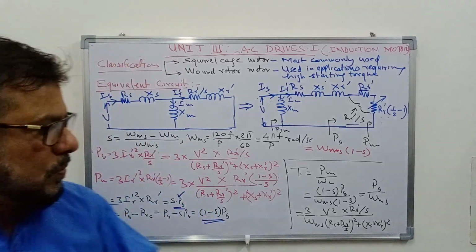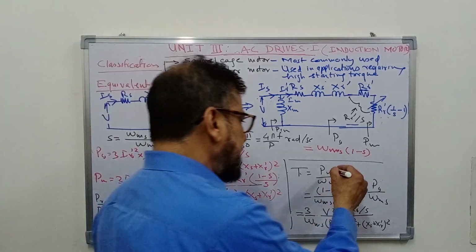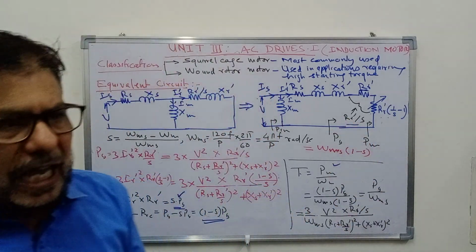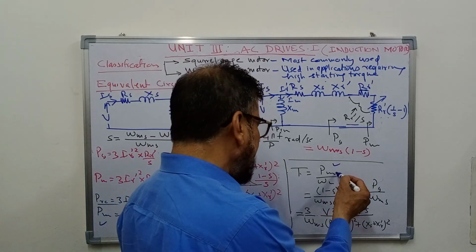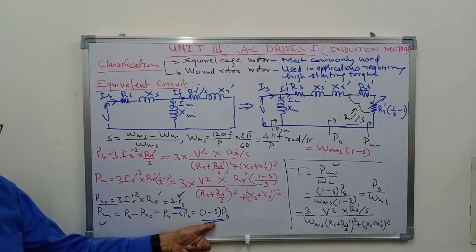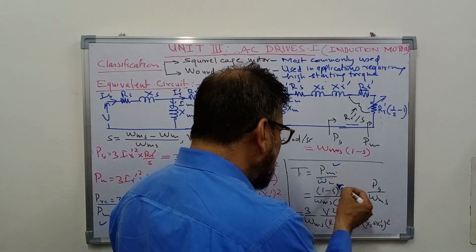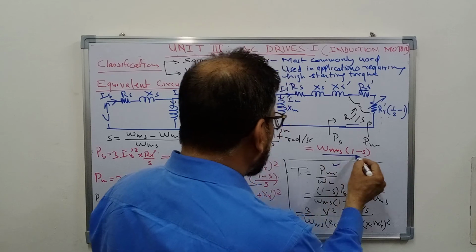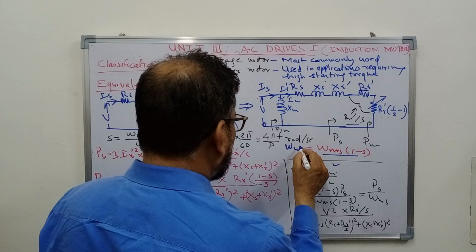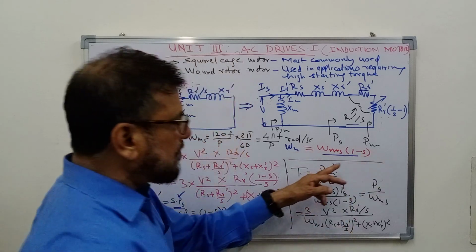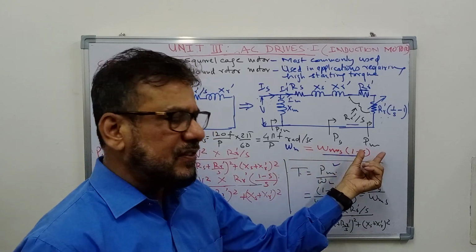Now let us come to the torque developed by the motor. It is of course the mechanical power developed divided by the angular speed in radians per second. So here mechanical power is 1 minus S times Pg divided by the motor speed. Motor speed can be related to the synchronous speed by this expression: omega m is equal to omega ms times 1 minus S, that is the synchronous speed multiplied by 1 minus the slip.